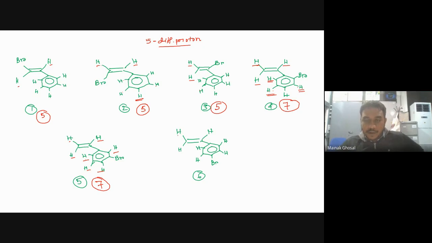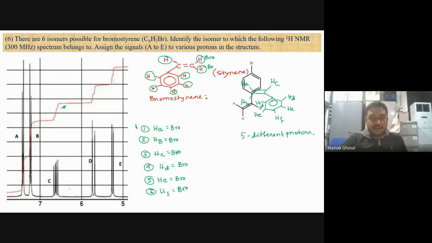Here 1, 2, 3, 4, 5. These are equivalent because here is bromine, this is ortho to bromine, this is ortho to bromine. So 5 here. So now you see 5 different protons are present in these molecules. These two you can neglect because they have 7 different protons. Now go among these 3 structures.